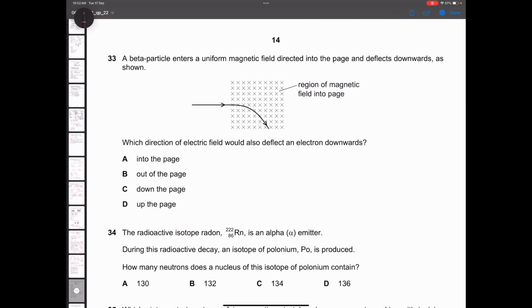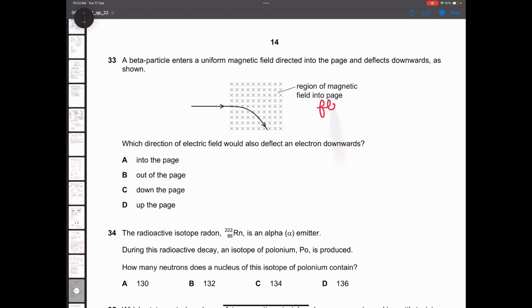Question number 32. A beta particle enters a uniform magnetic field, directed into the page and deflected downwards as shown. Which direction of electric field would also deflect an electron downwards? First of all, we need to understand that this question is solved using Fleming's left-hand rule, where the thumb represents force, the index finger represents magnetic field, the middle finger represents current.